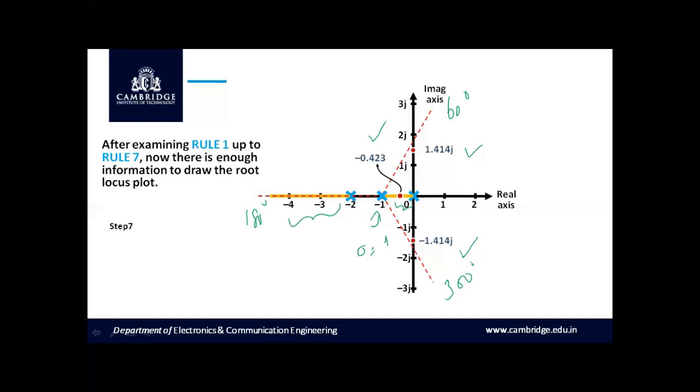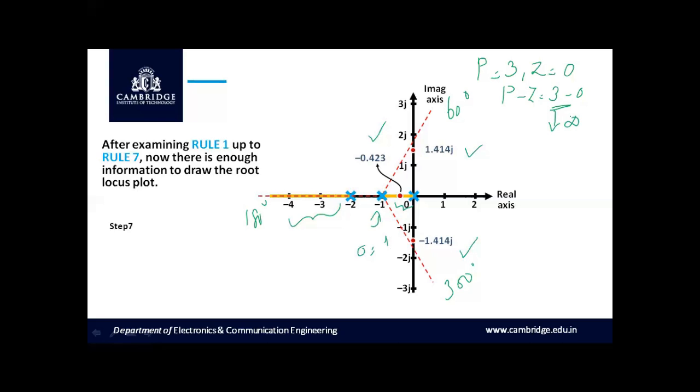In this example, with respect to rule 2, which has been defined already, we have the number of poles as 3 and the number of zeros as 0. That is P minus Z, 3 minus 0 branches, which emerge from these 3 poles and terminate at infinity.